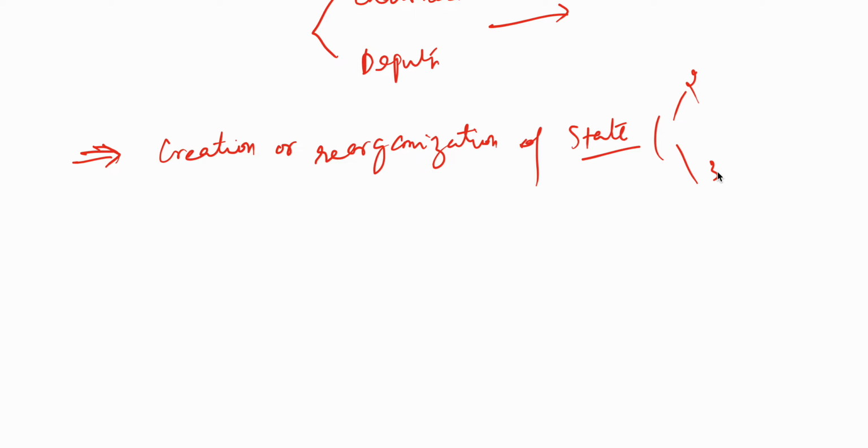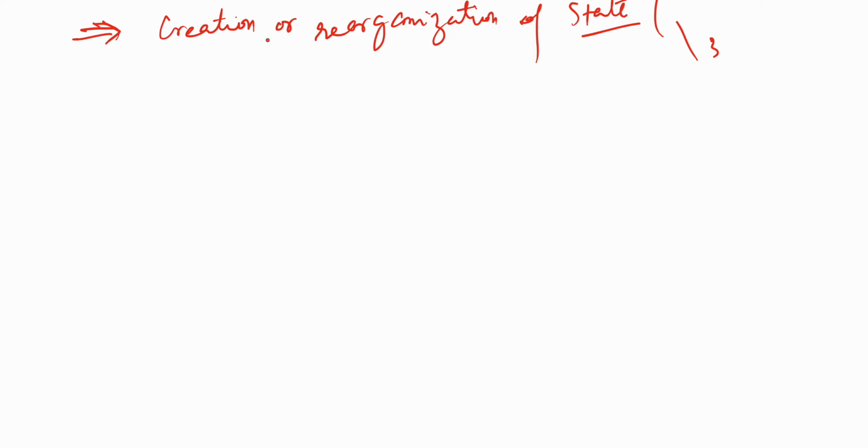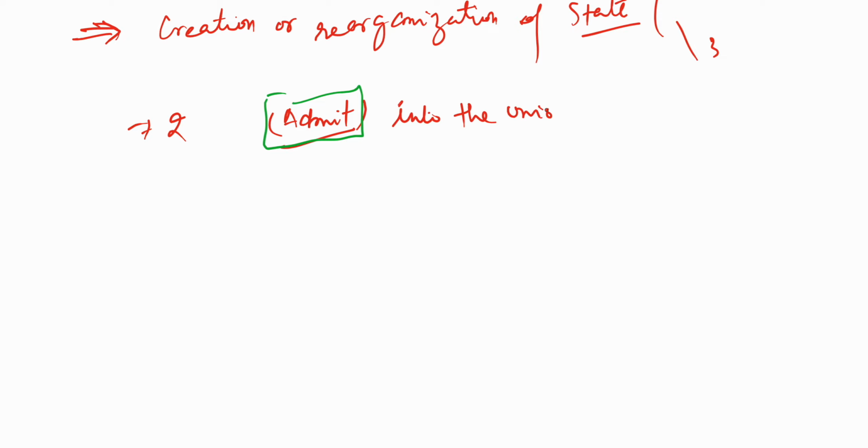Let's talk about first Article 2 and 3. It would make the job clear. And then Article 2 provides Parliament may by law admit into the Union. So first thing is that focus on this term admit into the Union, or first thing what it can do, it can admit.